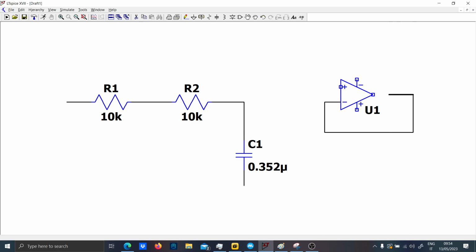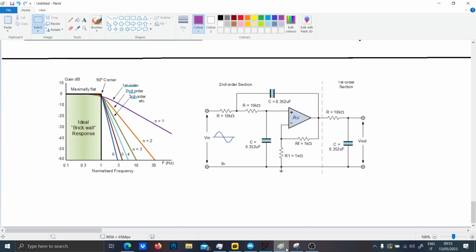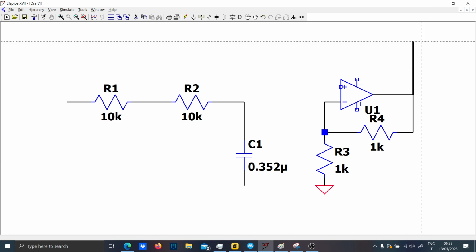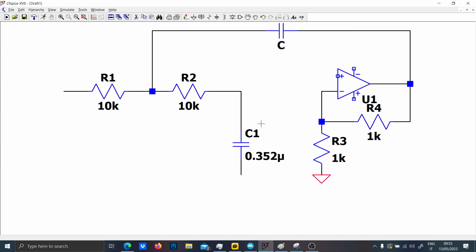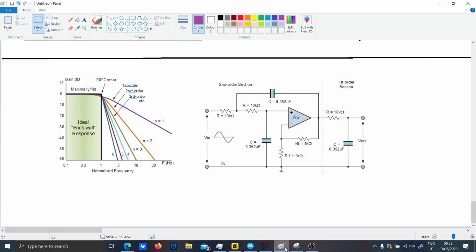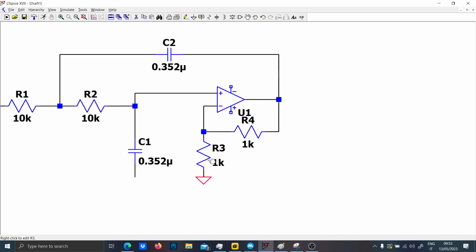So this is the feedback with 1 kilo and 1 kilo. And this is all connected here to here with a capacitor, with the same value here. And this is connected here. And just a low pass at the end.